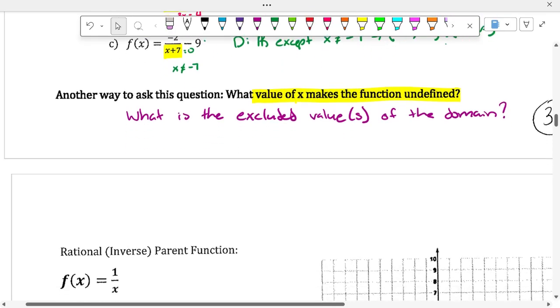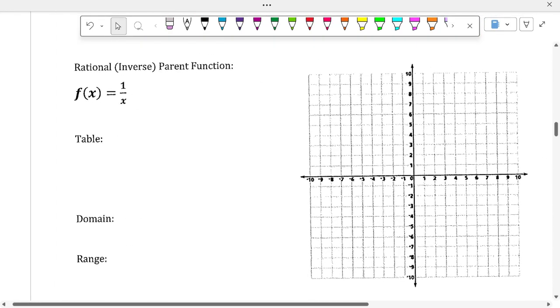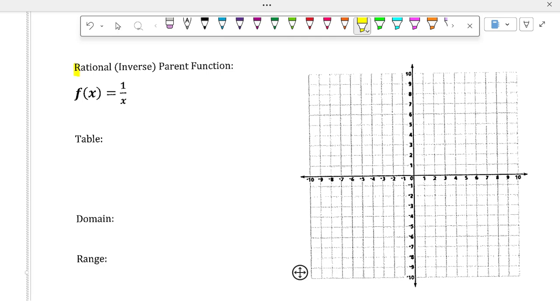Now, why does this come into play? Well, that comes into play when we graph a rational function. So this is the rational parent function. So 1 over x is the typical parent function. What we're going to do is start with making a table in Desmos.